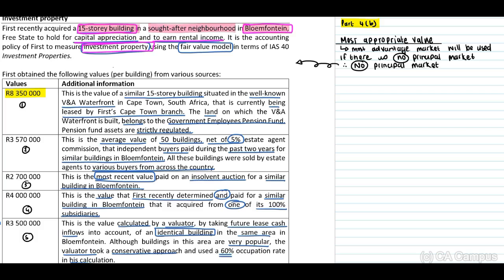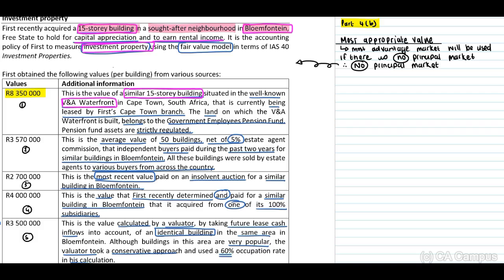Now, if we look at the first amount, 8,350,000, they indicate to us that this relates to a building, similar 15-story, great, but it's situated in the V&A Waterfront.